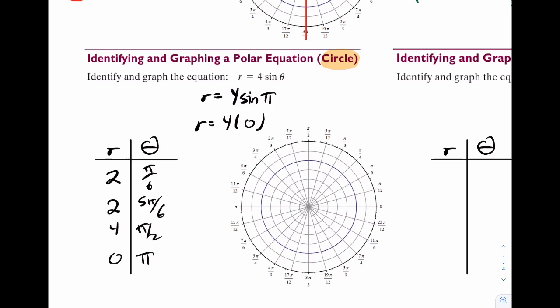That's a pretty cool point. So let's graph that. 2, pi over 6, that would be right here. And then 2, 5 pi over 6, that's right there. 4, pi over 2, that's right here. And then 0, pi is the origin point, that's right there.